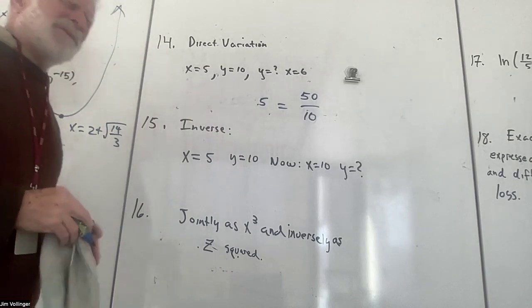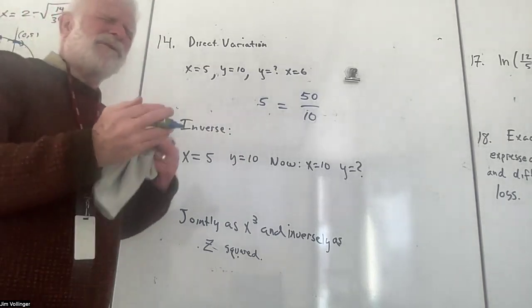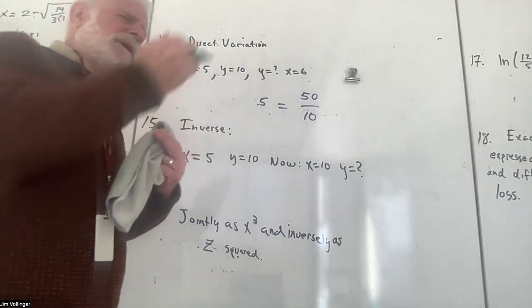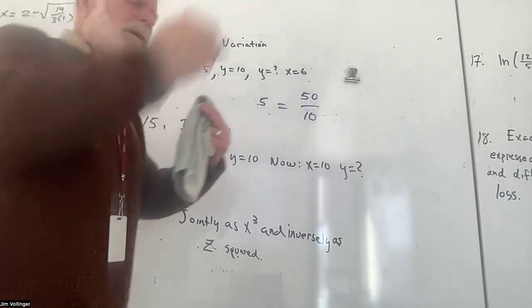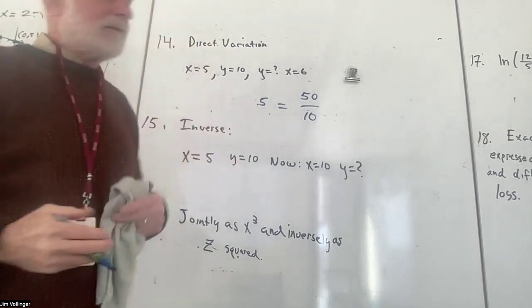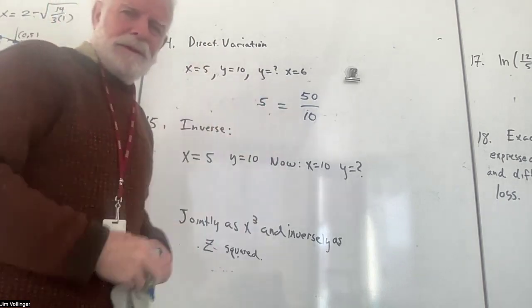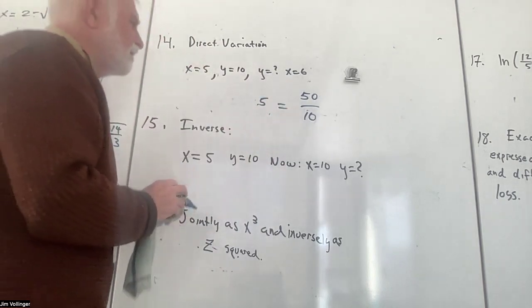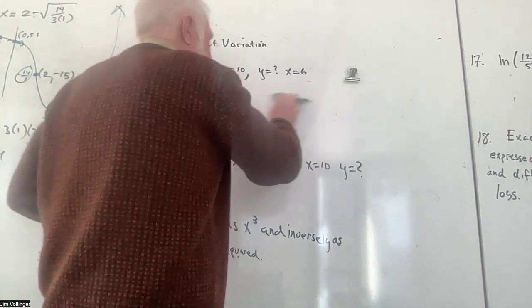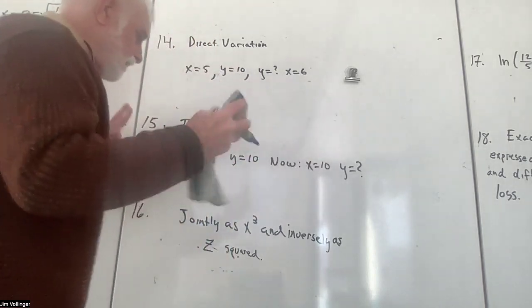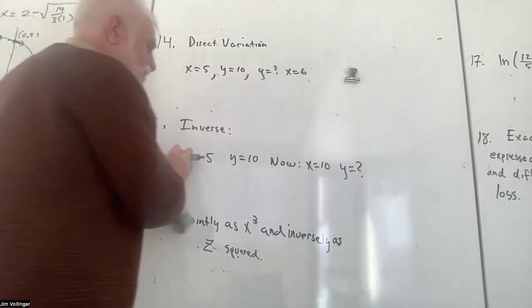But I don't want to do that too often because inverse means really as one number goes up, the other number comes down. All right, direct, they both go up. So I could be sending you on a goose chase there by that language that I just used, but in this case, it was an inverse.